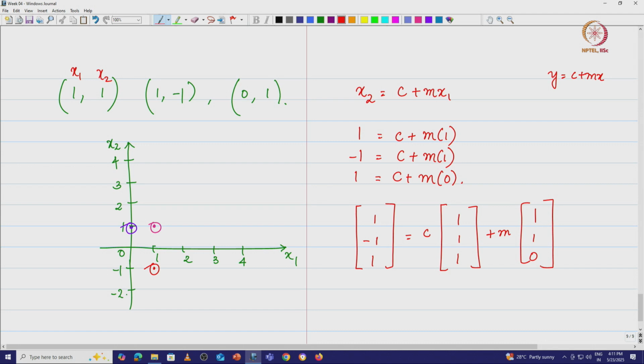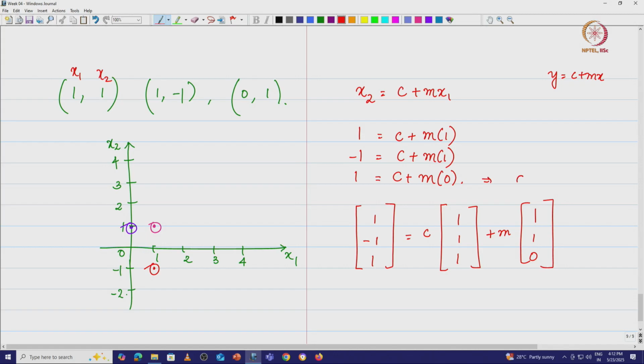Now it is interesting: from the last expression you get c is equal to 1. When you substitute c is equal to 1 in the previous expression, you get m into 1 is equal to minus 2, so m is equal to minus 2 and c is equal to 1. So let us do this.